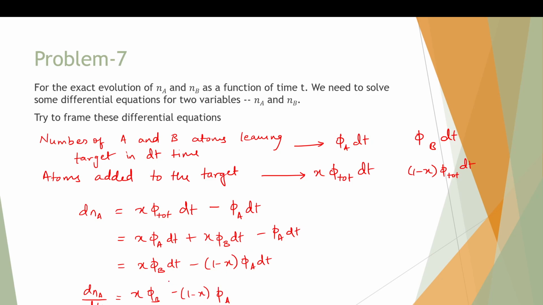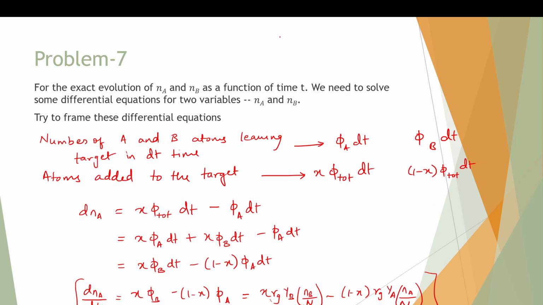Then we can substitute for phi b and phi a to get x Rg, the impingement rate, times Yb Nb upon N. So phi b is nothing but Rg Yb Nb upon N, and phi a is nothing but Rg Ya Na upon N. Then I have got dNa by dt in terms of Nb and Na, or you can say in terms of phi b and phi a also.